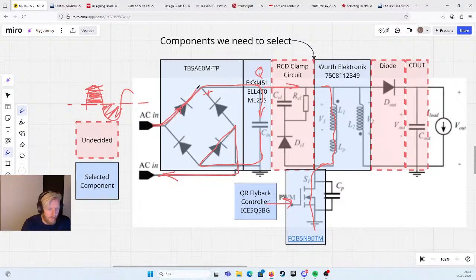So it will go like this, and then in the other direction it will flow this way, through here, and charge up the same way. So here we have a DC current after the rectification. And it will go here, and then back again, right?